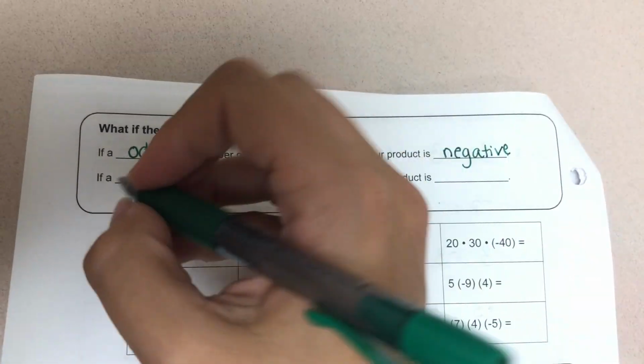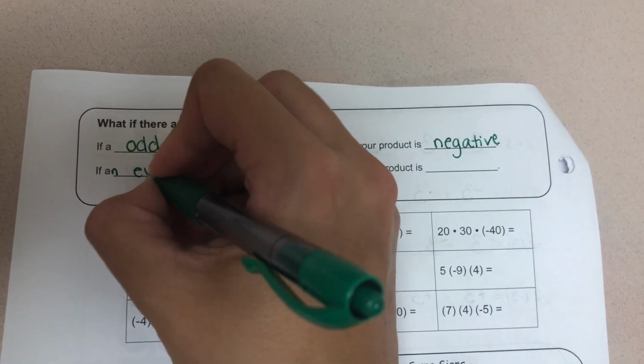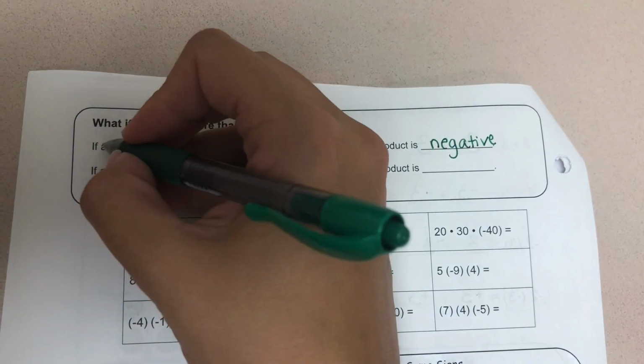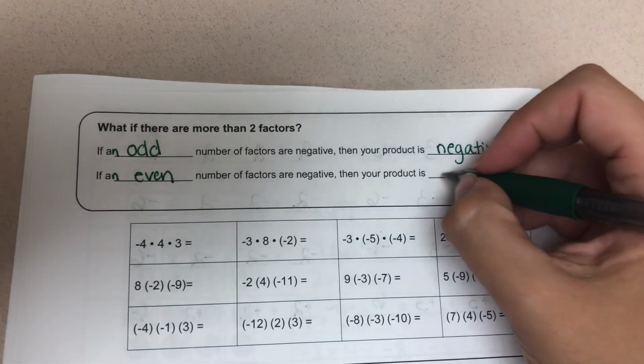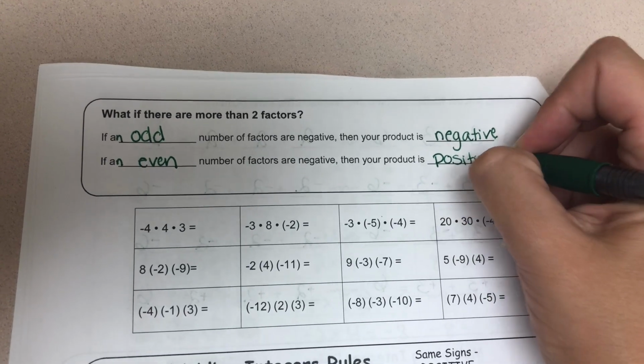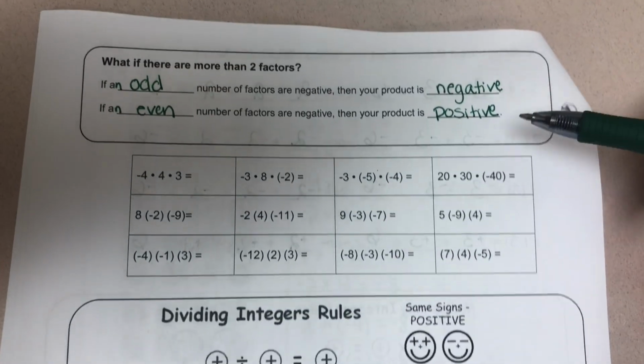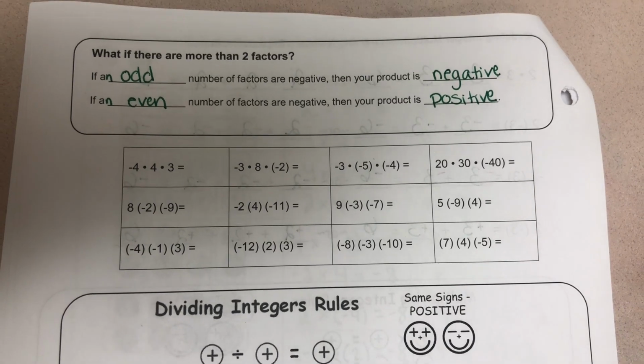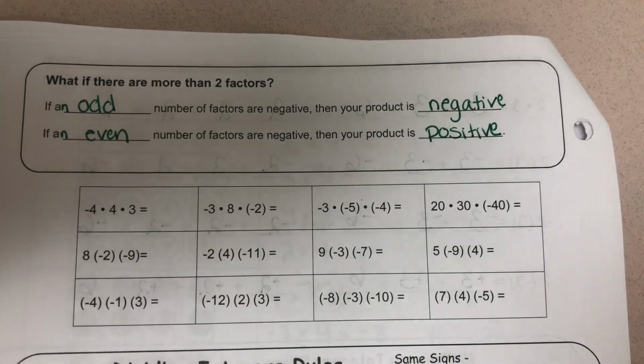If there is an even number of factors that are negative, then your product is going to be positive. Using that rule, you can go ahead and use a shortcut to solve these multiplication problems.